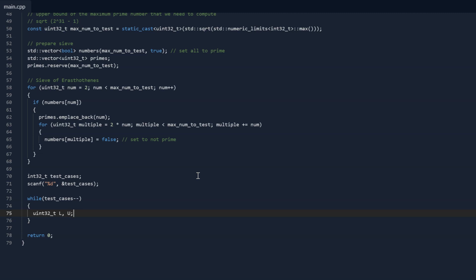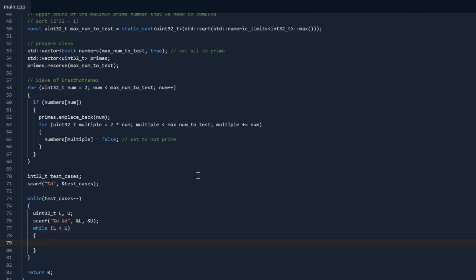L and U as in the original problem statement, which correspond to our lower and upper bounds. And we run this while loop.